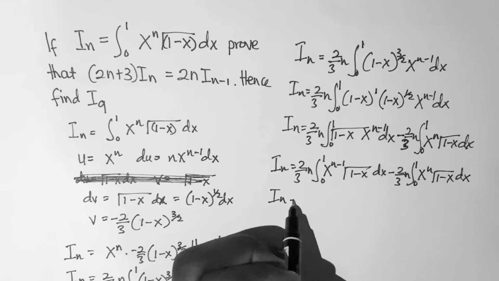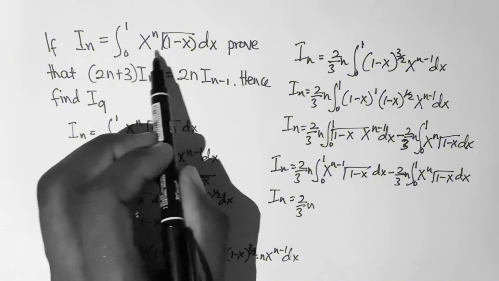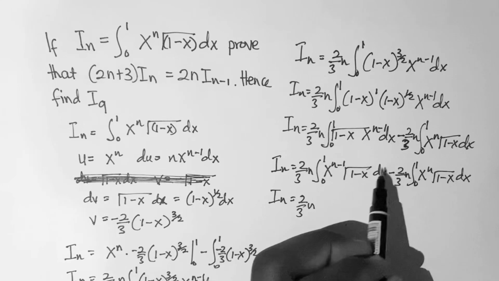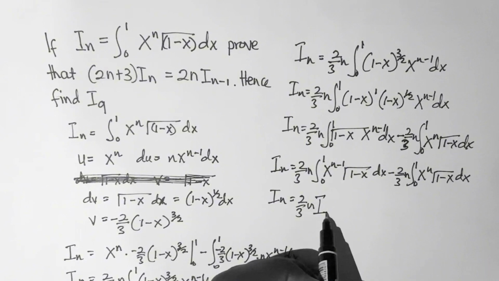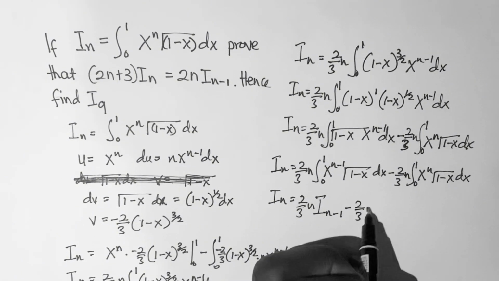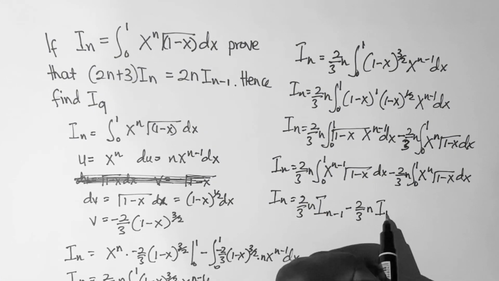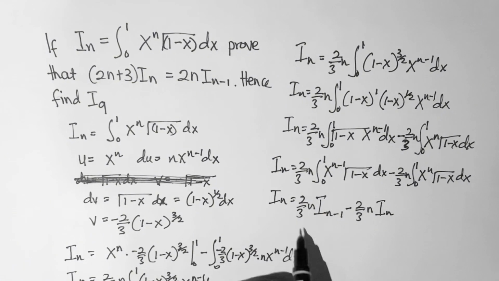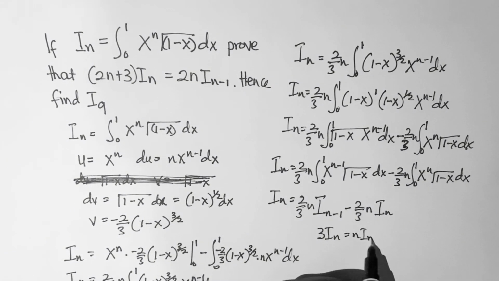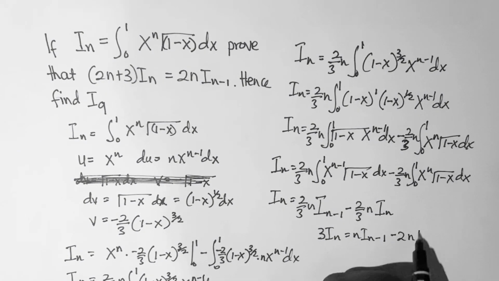So remember, I_n is the integral of x^n square root of (1 minus x), so the integral of x^(n-1) becomes I_(n-1), then minus 2 over 3n I_n. Now, here's what we started with, I_n. So let's multiply through by 3. We get 3I_n is equal to n I_(n-1)... minus 2n I_n.